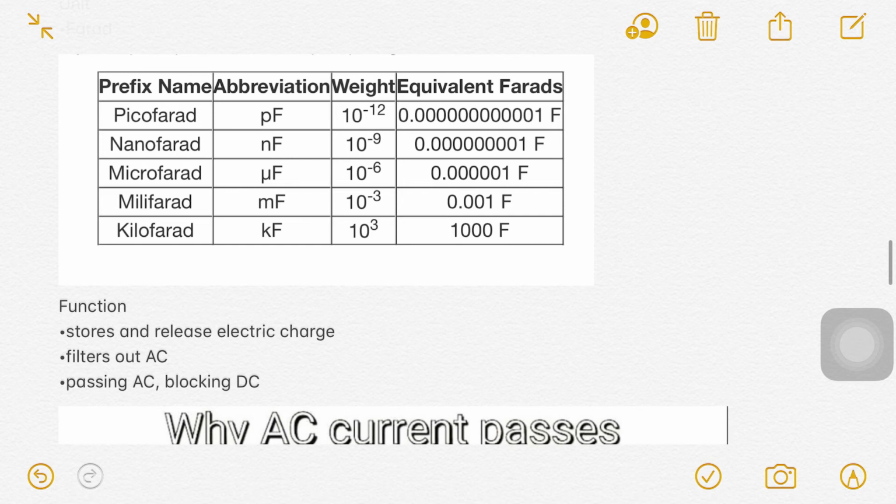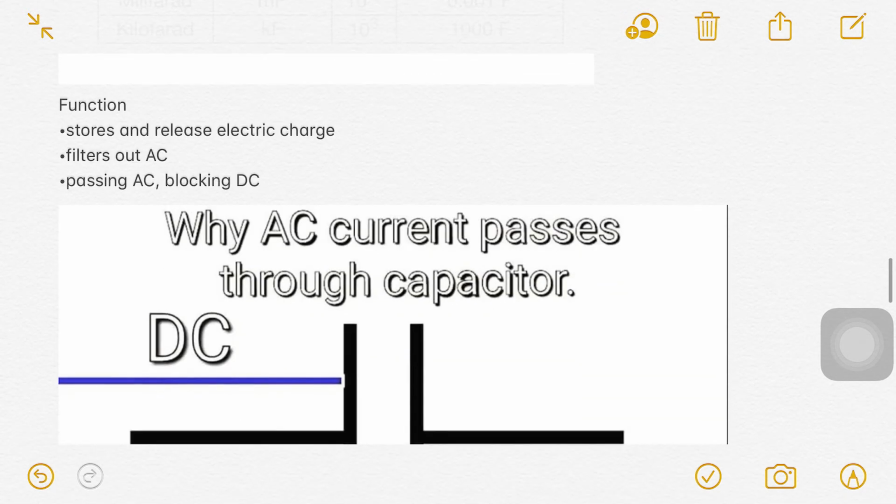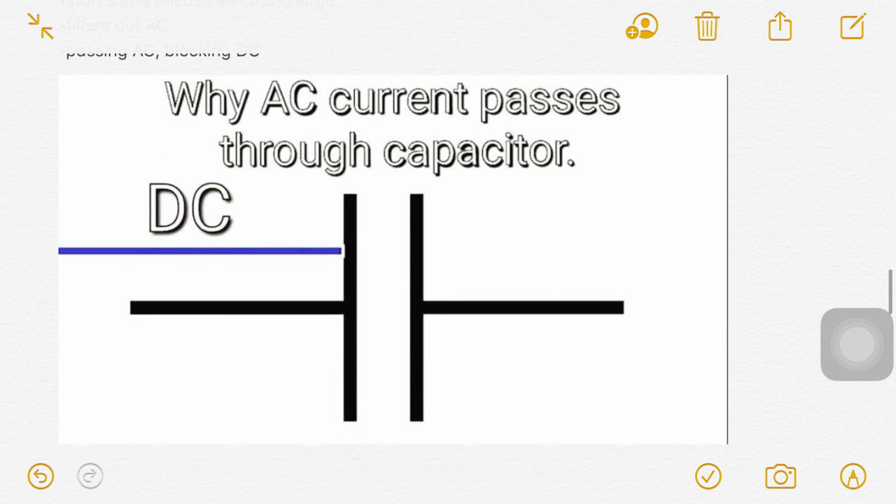So I just want to show you, well, this is just like a meme kung paano daw nakakadaan ang AC at hindi nakakadaan ang DC sa isang capacitor. Why AC current passes through the capacitor?